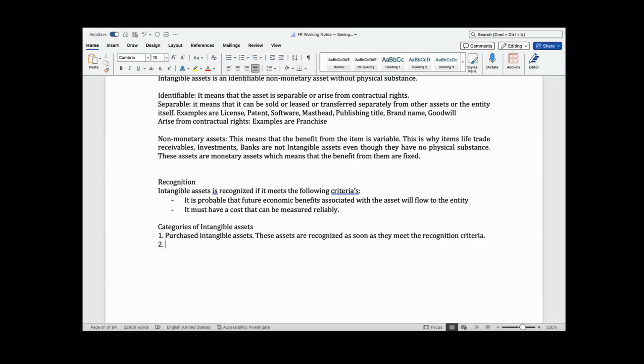Number two is internally generated intangible assets. These assets are not recognized in the books.